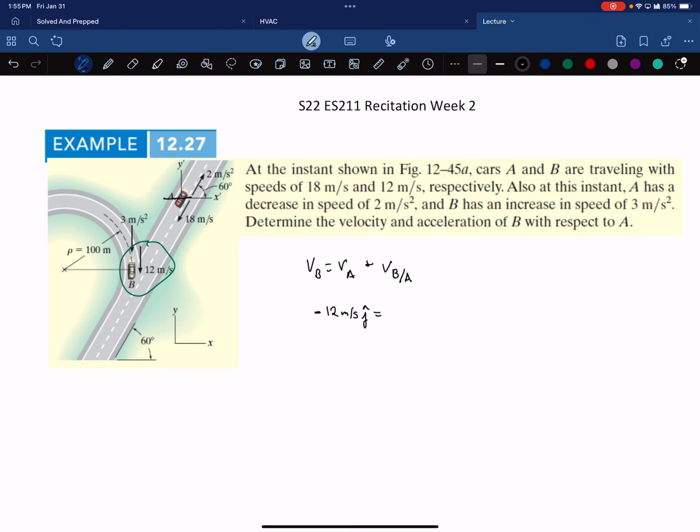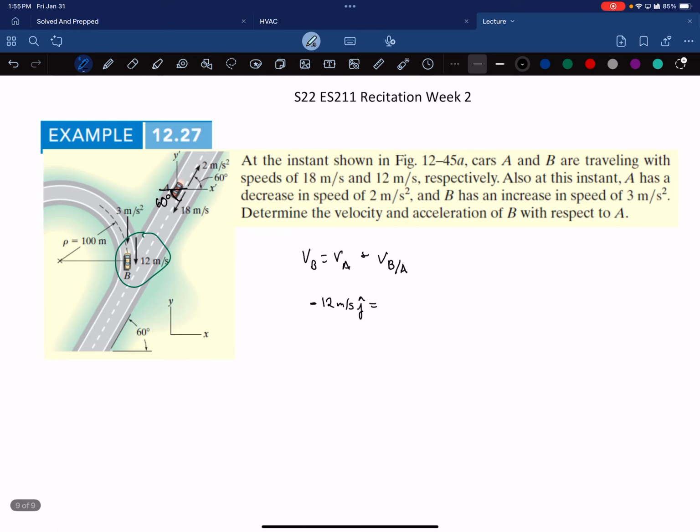So this will be 60 degrees here as well. So we have minus 18 cosine of 60 degrees i hat, and then minus 18 sine 60 degrees j hat, and then plus VB with respect to A.